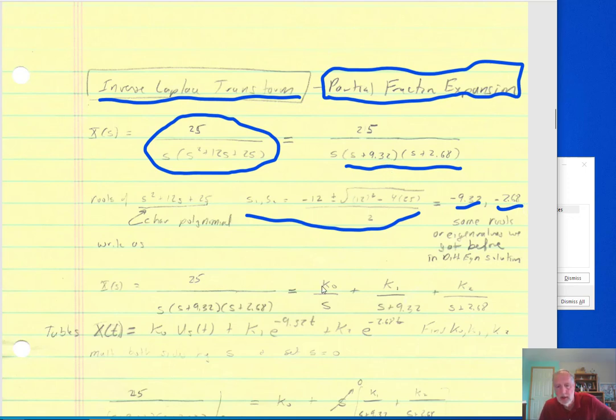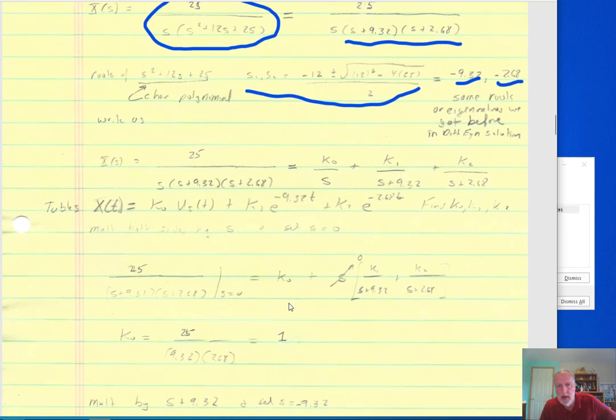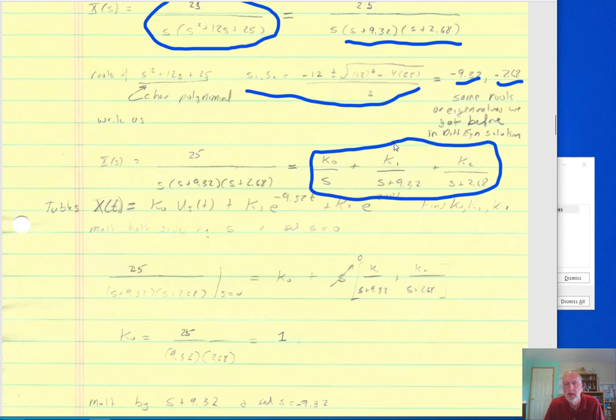So we factor it, and then we're going to say down here that we can write this thing as the sum of factors for each of the terms in the denominator. So we have one for the s, one for the s plus 9.32, and one for the s plus 2.68. Remember, a root with a negative sign ends up in the polynomial with a plus sign, because this is the value that if you stick in for s, you get 0 in that polynomial.